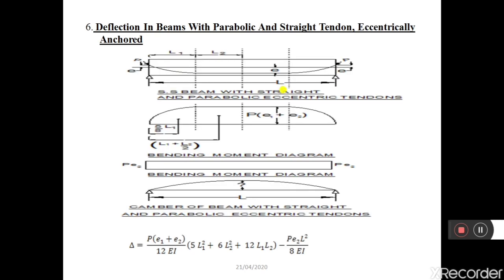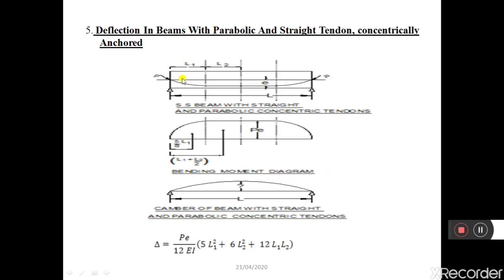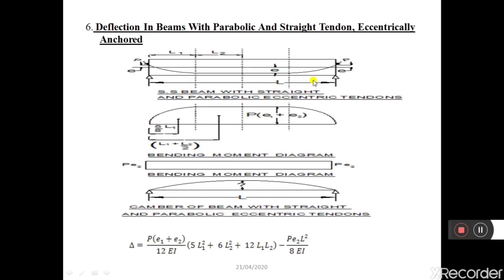Now sixth case, deflection in beams with parabolic and straight tendons eccentrically anchored. So in previous case the cable was having two profile, that is linear or straight in the mid, and parabolic towards the ends. So here also the condition is same, but the only difference is in the previous case eccentricity at the supports was 0.